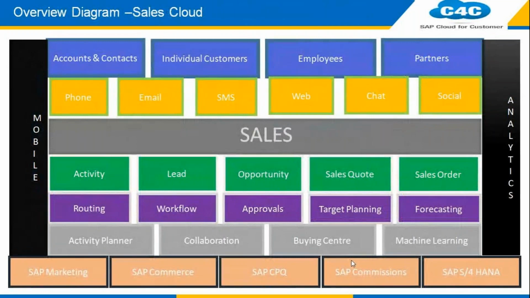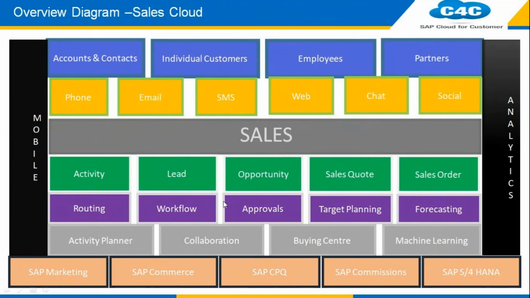This is an overall diagram of the sales cloud, showing what functionalities are available in it. Just for a high level, I have mentioned it for the sales cloud. For service cloud, I haven't mentioned anything, because it is just giving you an idea of what it covers. You can see account, contact, individual, employee, then there's an integration with phone call, email, SMS, web chat.